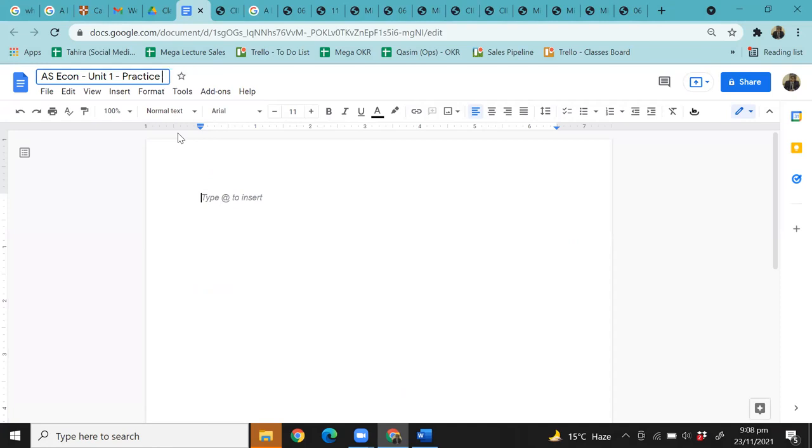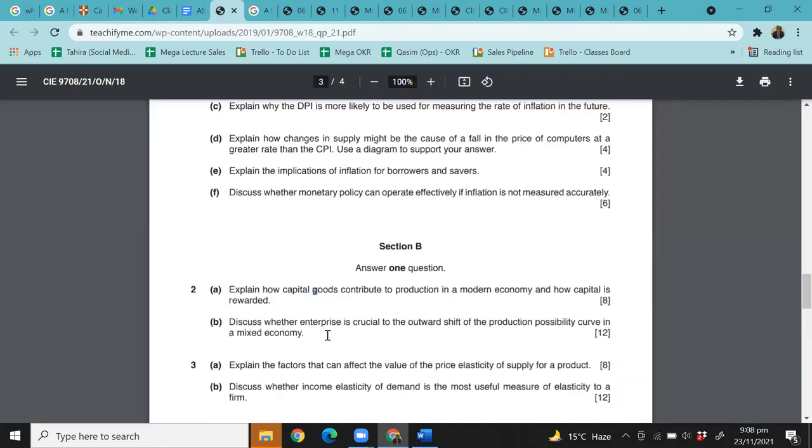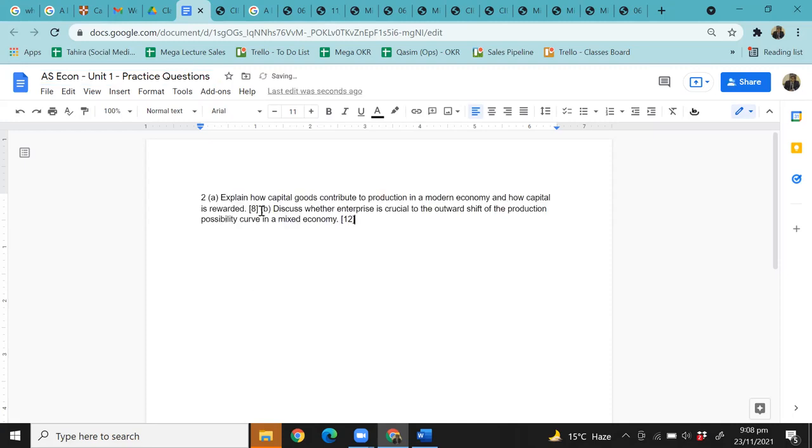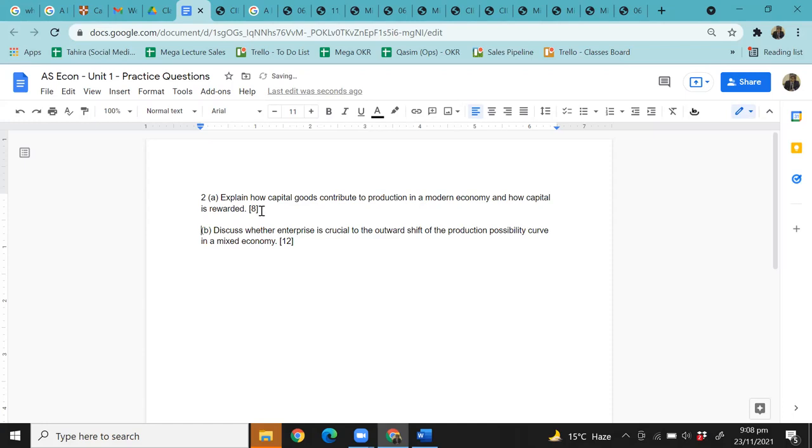Now the question says, let me copy this and then we'll do it on our sheet. So here's the question that we are about to do. Explain how capital goods contribute to production in a modern economy, and how capital is rewarded.